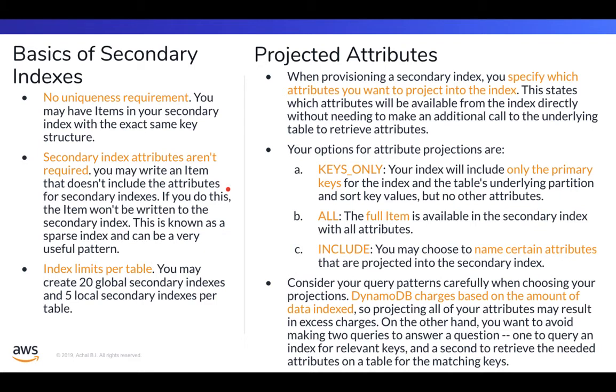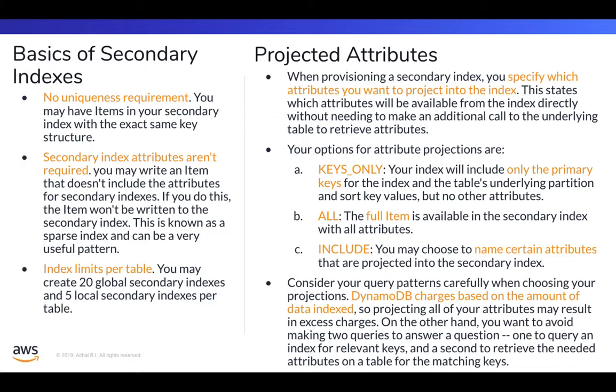To understand the projected attributes of secondary indexes, you need to understand what it really means. We specify which attributes we want to retrieve with the help of the index. It plays a very important role in your indexing, because the attributes that you want to index play a major role in your cost.